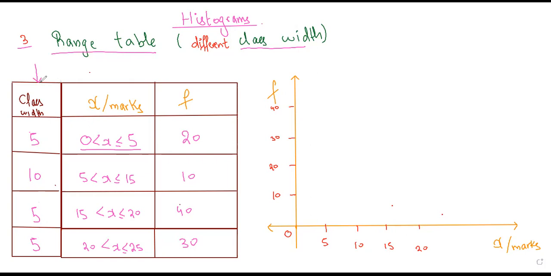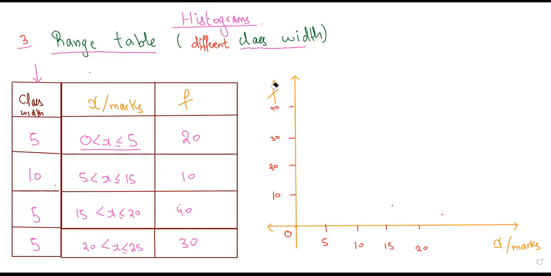Different. Okay. So this is what we do for different class widths. And this time around, we are not going to cross the class width column. We'll take this into account and then make the histogram. Once you know that your class width is different, you will make two big changes.